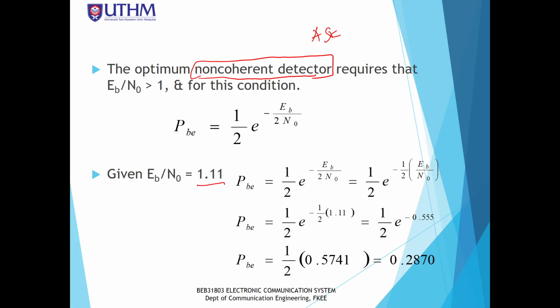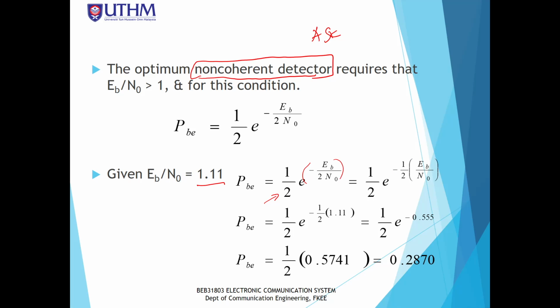So the probability of bit error equals 1/2 times the exponential function. On my calculator it is e^x; I need to press shift ln. So e to the power of minus Eb over 2N0.